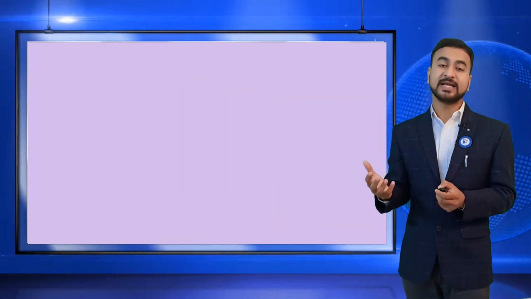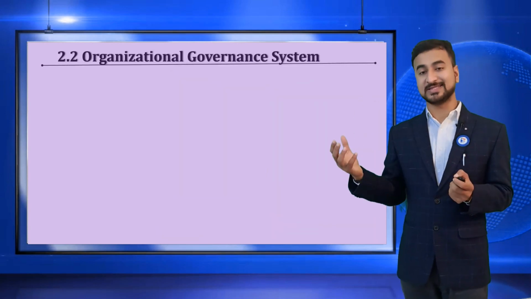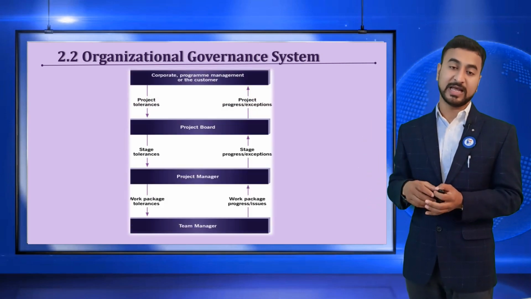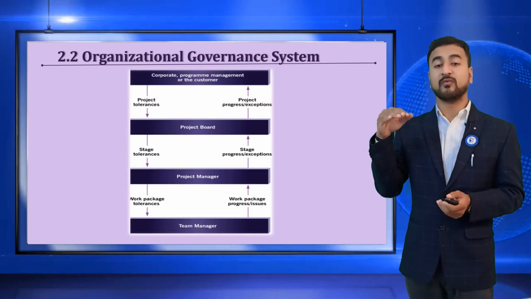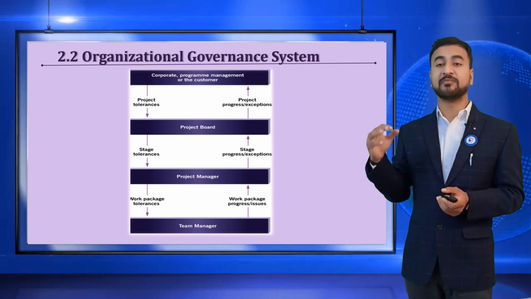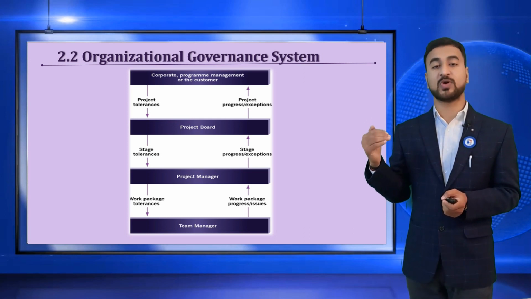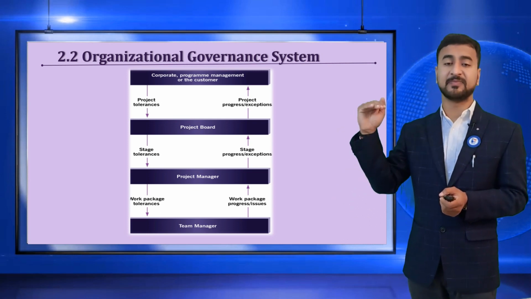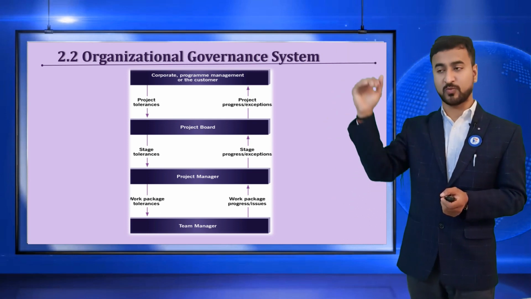So with that understanding, we are understanding the governance system. When we are executing the project, we should have the thought process that whatever the project, each and every team member should abide by the governance policies. If you check over here, there is a team manager, project board, and the corporate board.